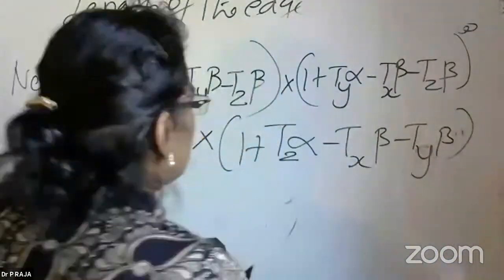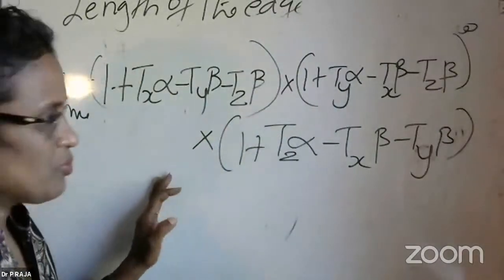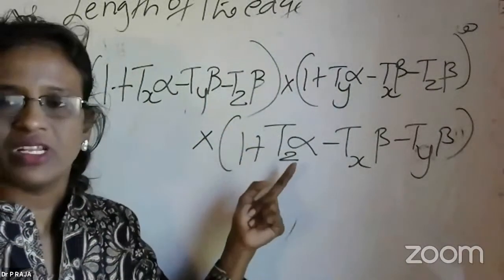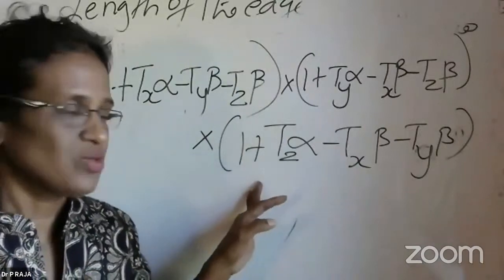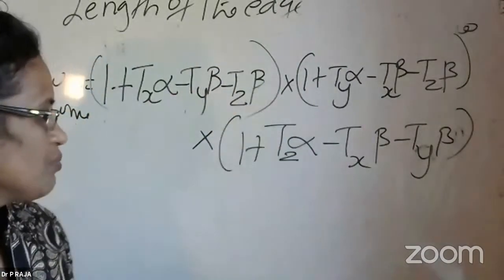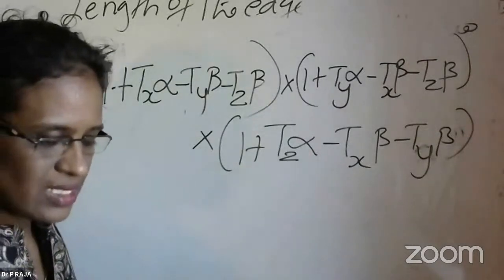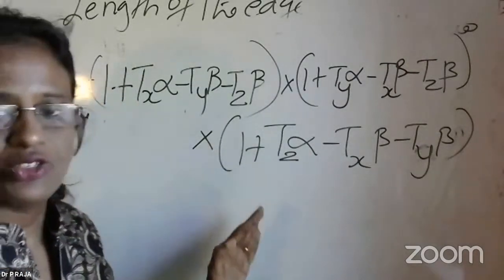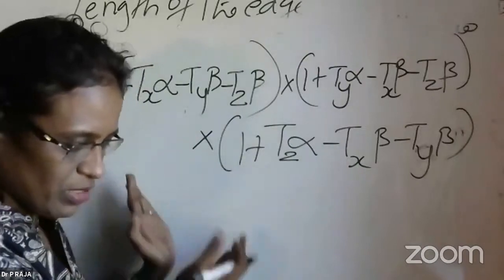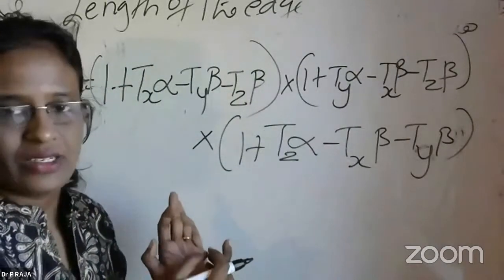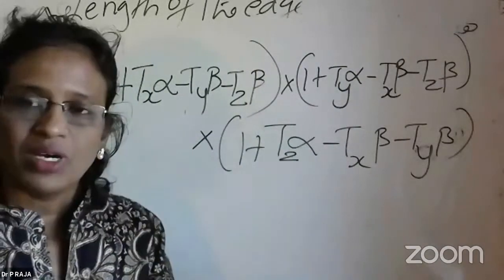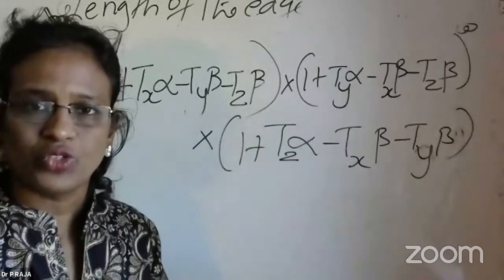This is a very huge multiplication. If you multiply it, you will have more than 27 terms. But let's simplify, because there will be square terms and things that can be neglected. Certain values can be neglected, and simplified values can be taken. Let us not go into much detail about the mathematical portion here.